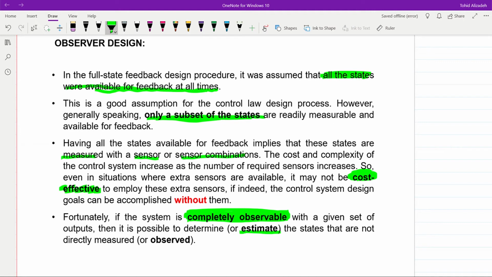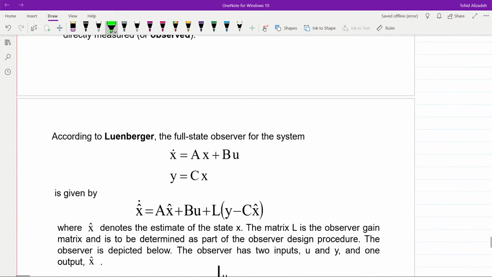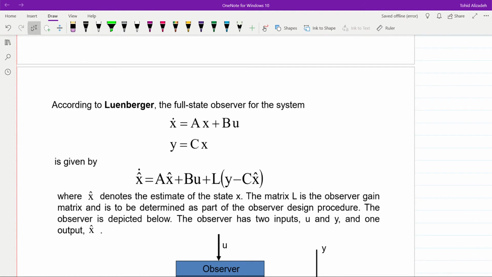According to Luenberger, the full state observer for a system given with this state space representation, x dot equal to Ax plus Bu and y equal to Cx, is given by this expression here: x hat dot is equal to A times x hat plus B times u plus L times (y minus C x hat).